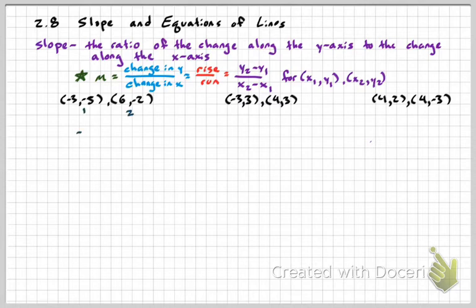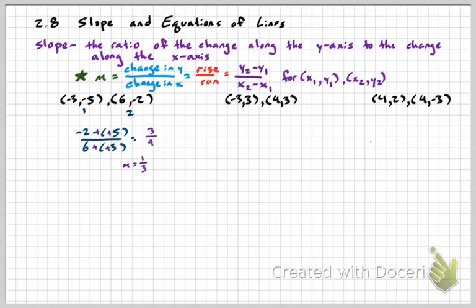So it's y2 minus y1 over x2 minus x1. Negative 2 minus negative 5, that becomes negative 2 plus 5, so I get positive 3. 6 minus negative 3, 6 plus 3, I get 9. My slope here is 1/3.